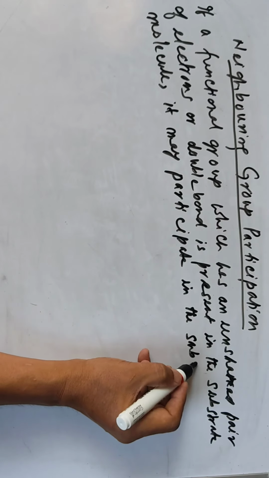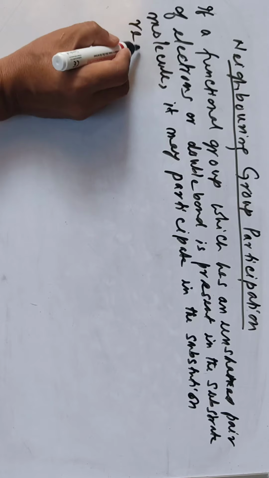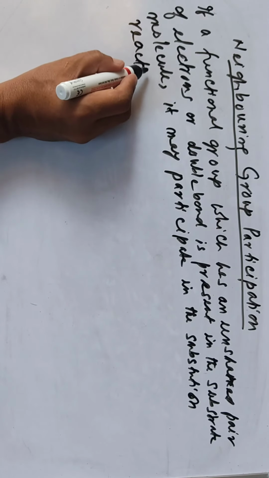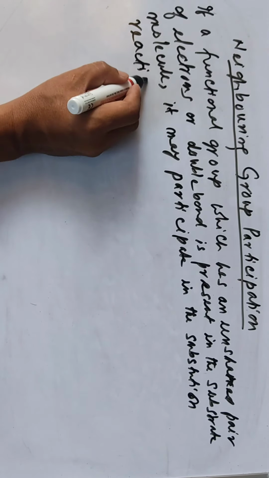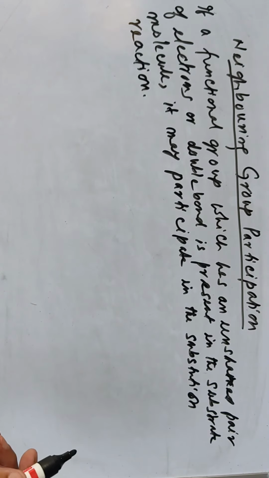So, substitution reaction. I'm repeating again: if a second functional group which has an unshared pair of electrons or a double bond is present in the substrate molecule, it may participate in the substitution reactions.